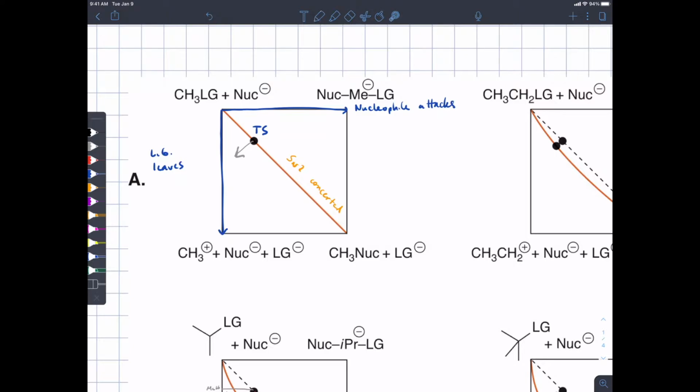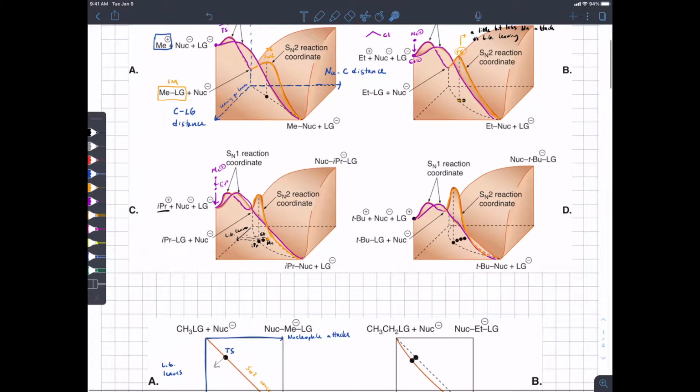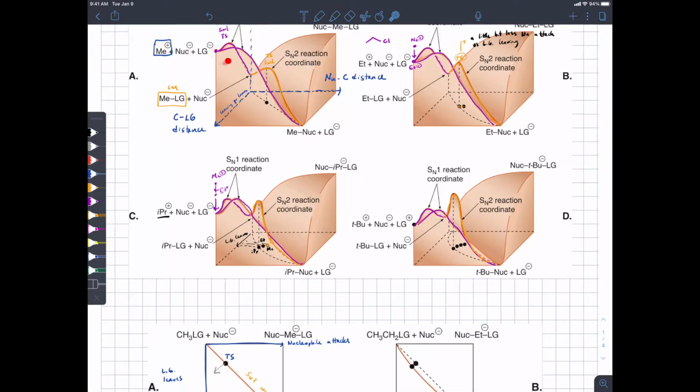But remember that as we're envisioning this potential energy surface, this corner is really high in energy.